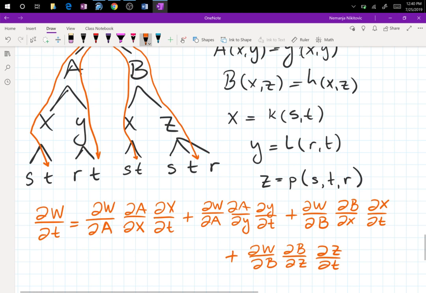So your problem on the exam for the next test, if you choose to have one, might have a tree where you just need to write the formula like this, in which case the tree is going to be insane, maybe even bigger, and you just have to write something that has, I don't know, 6 terms or something ridiculous.